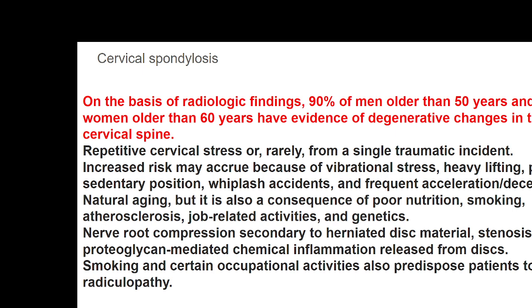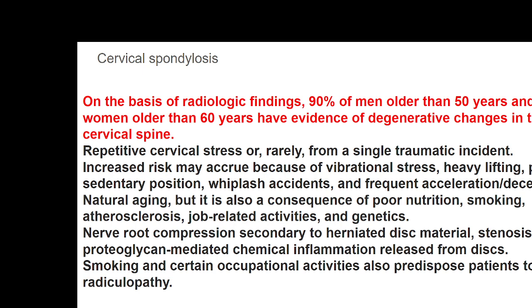Causes are repetitive cervical stress, stress on the neck due to either multiple factors like occupational factors or something like carrying heavy weight and so on, or many times it could be the habits of the people, or at times the symptoms may occur due to a single traumatic incident. And usually increased risk may occur due to vibrational stress.